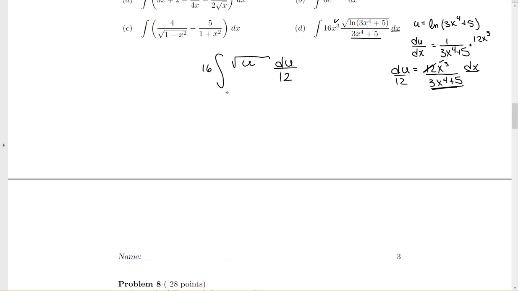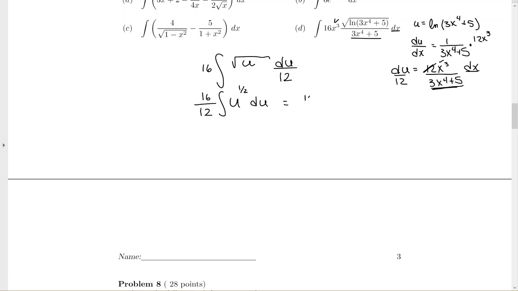The 12 can come out, but it's in a denominator, so it's 16/12 integral u to the 1/2 power, because again, calculus likes powers, not radicals. And then go ahead and integrate u to the 1/2. So you add 1 and then divide by whatever that is, or flip it around, however you think of that.